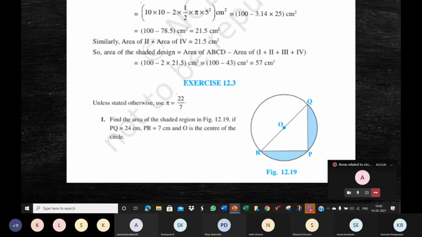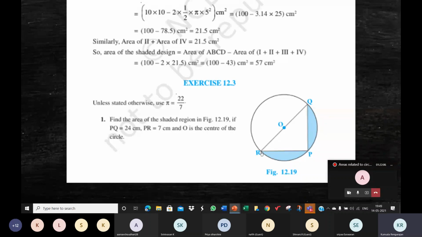Good. Yes, Arnav, you're right. Angle of a semicircle is 90 degrees, ma'am. Angle in a semicircle, yes, angle in a semicircle is a right angle. Very good.